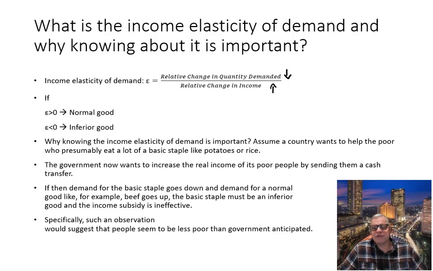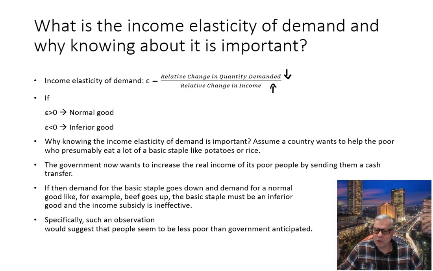So now the government, let's say, launches a program that gives a cash transfer to those very poor, which increases their income. And the hope of the government is that they use that money in order to have more potatoes and rice. So the government wants to increase the real income of the poor people by sending them a cash transfer.